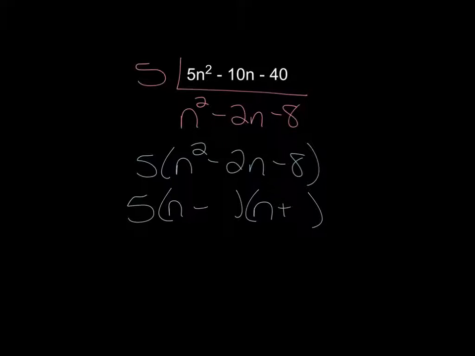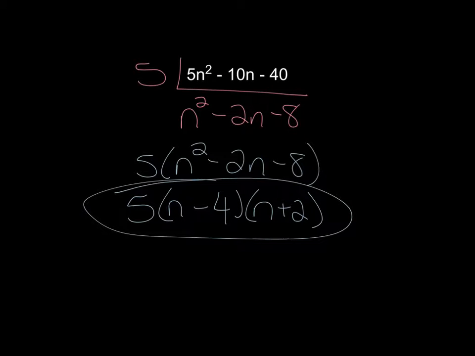So what is that going to be? What about negative 4 and positive 2? Does that work? n times n is n squared. Negative 4n plus 2n is negative 2n, and negative 4 times 2 is negative 8. I think that works. So there's our final answer.